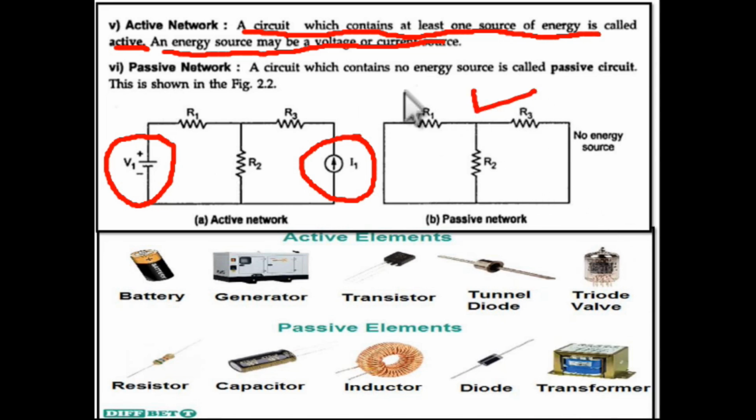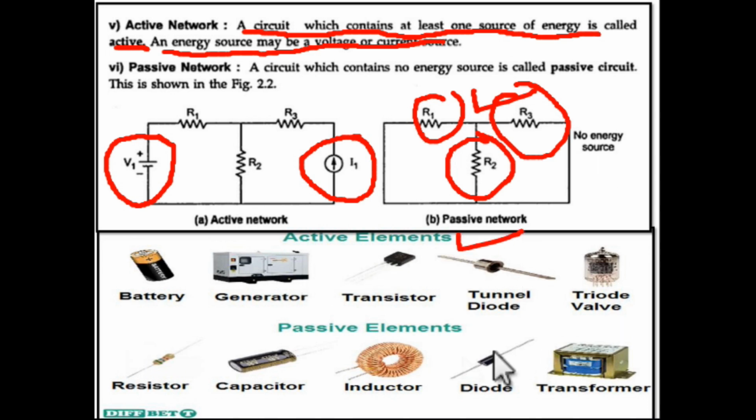You can see from here, a passive network is a circuit which contains no energy source, like resistors. So guys, these are the elements which receive electrical energy, like these resistances consume electrical energy. These are the resistances, okay, and there is no energy source.